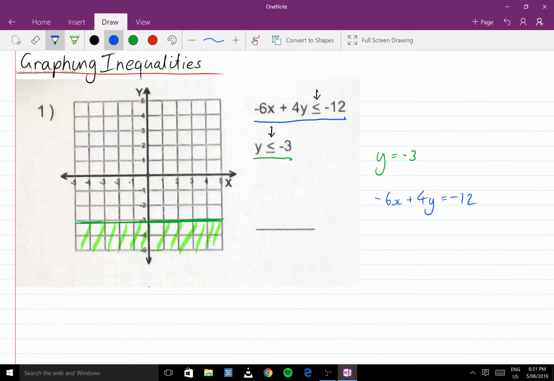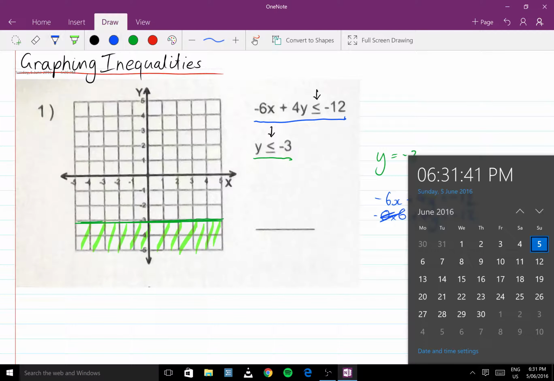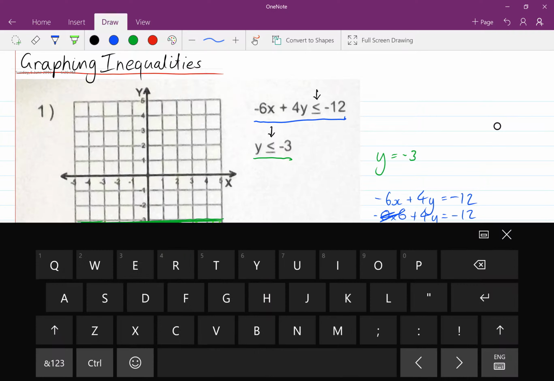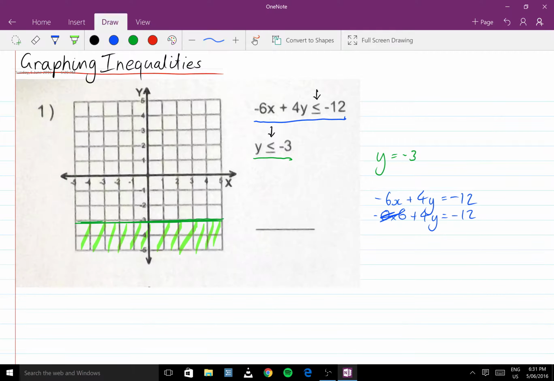So if x was 0, I'd have minus 0 times 6 plus 4 lots of y equals minus 12. And all this goes away because anything times 0 is 0. And I've got 4y left over.